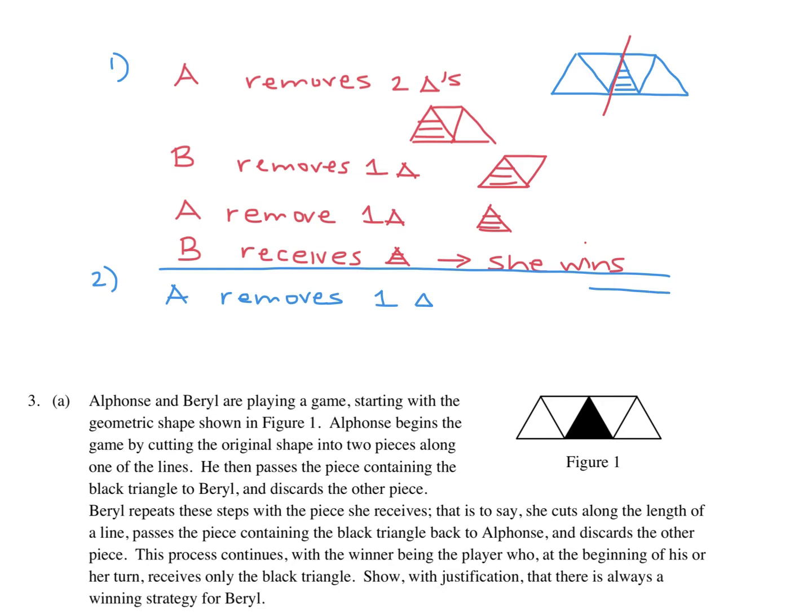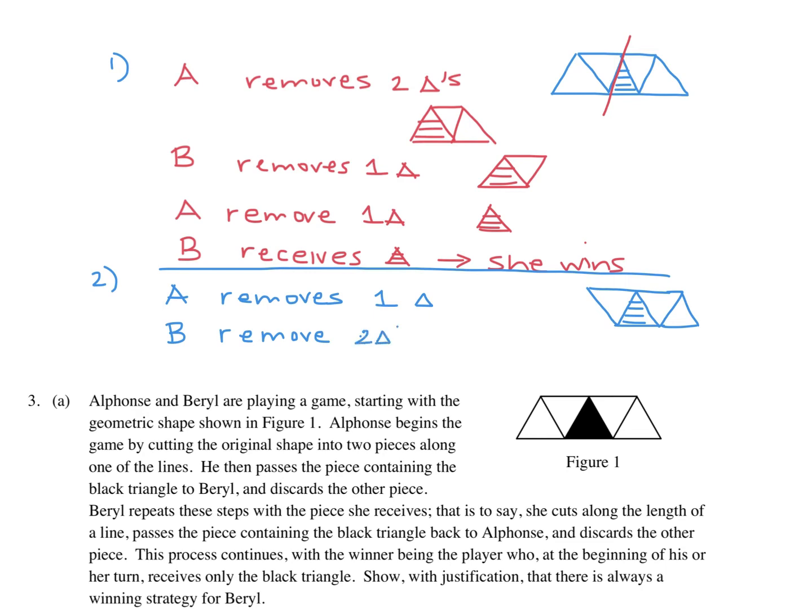So he removes just this guy. Okay, so if that's the case, what you're left with is this scenario where you've got that kind of a shape where this is the black triangle. Correct?